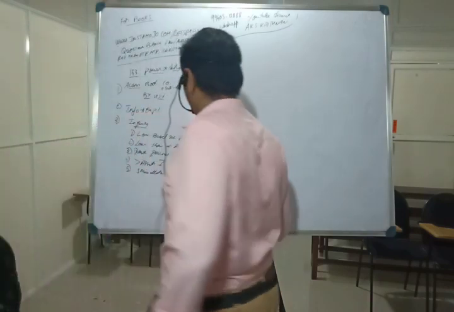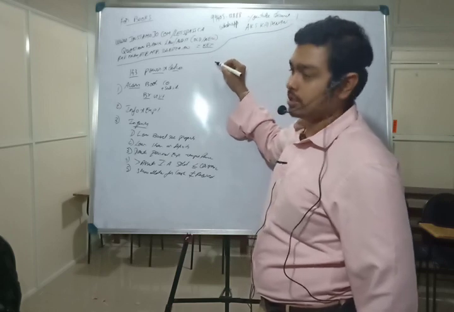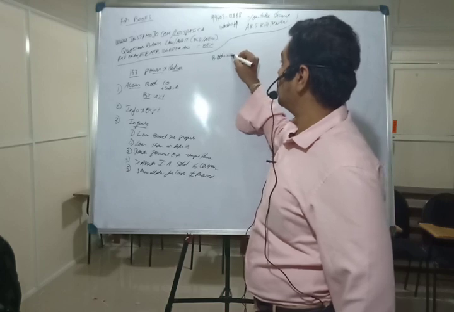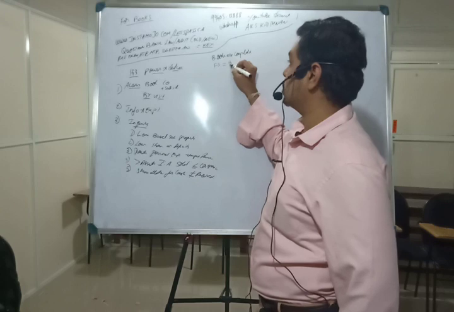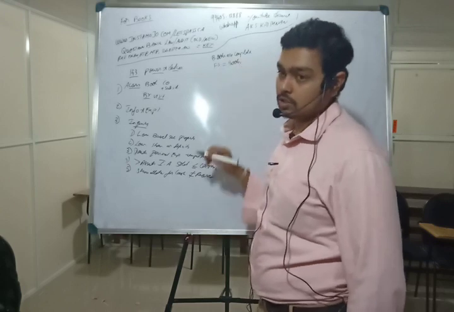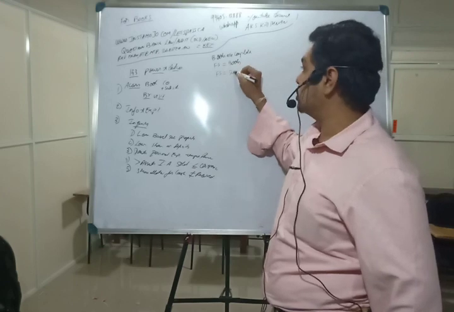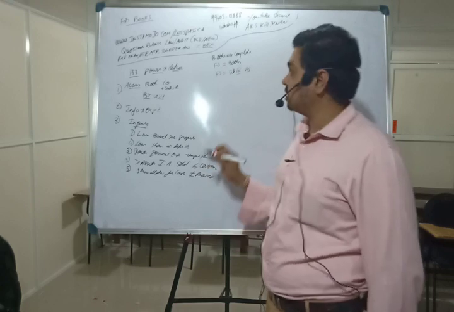Then other reporting points: whether the books of accounts are complete, whether the financial statements are prepared as per the books of accounts, and in accordance with Schedule 3 and accounting standards.